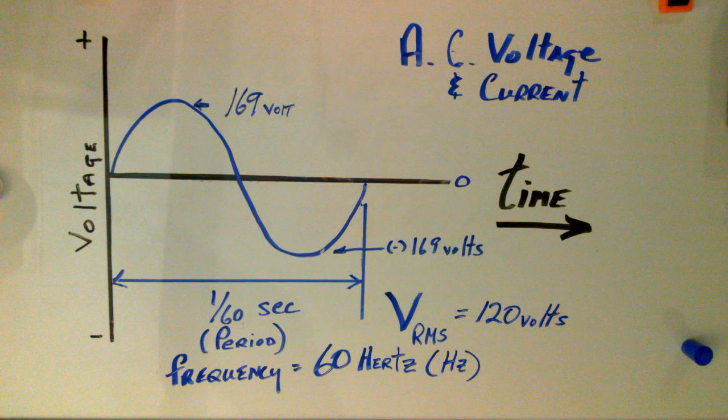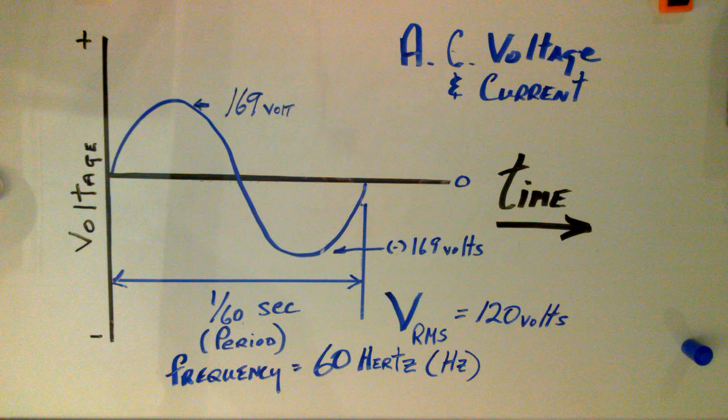The voltage climbs up to 169.7 volts, then begins to decline and reaches the 0 volts line again. Then it swings into the negative voltage zone and finally goes down to negative 169.7 volts, and then it swings back up to the 0 line again.